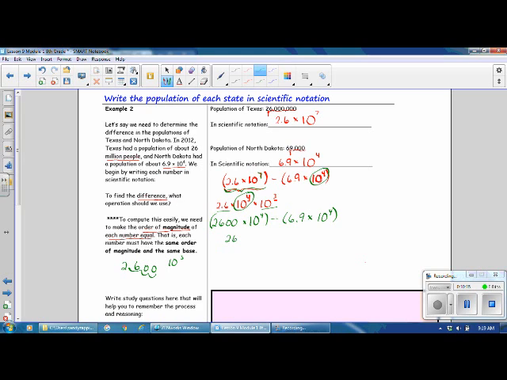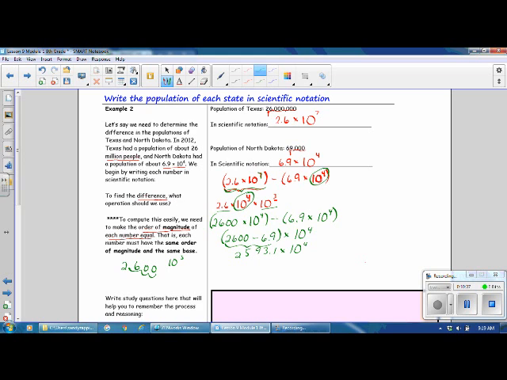So I have 2600 minus 6.9 times 10 to the fourth. Go ahead and subtract your decimals, and that gives us 2593.1 times 10 to the fourth power.